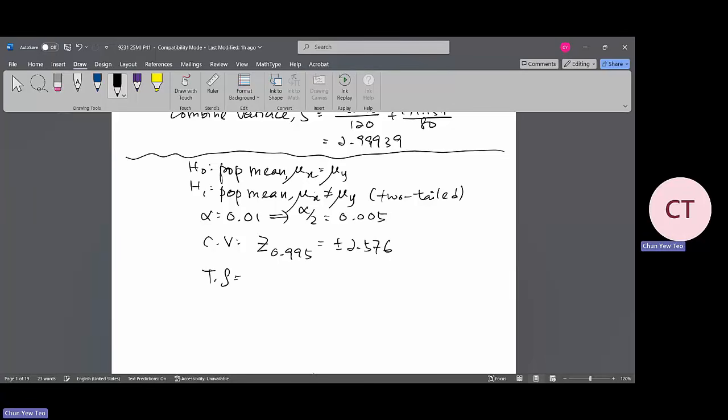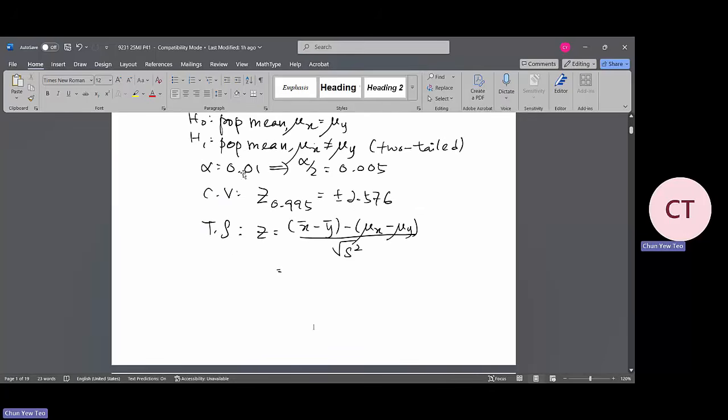So Z is equal to bar X minus bar Y, minus mu X minus mu Y, divided by the square root of S square.